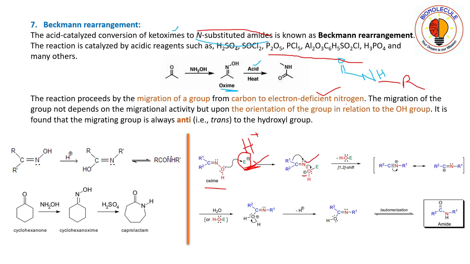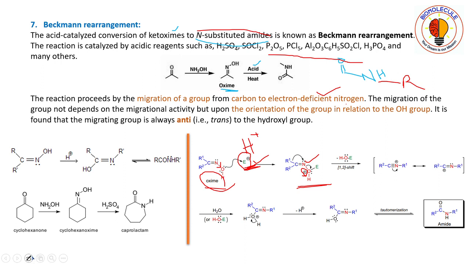That is, now it will withdraw electrons between that nitrogen and oxygen bond in much more amount as compared to the oxime part. Okay, in oxime oxygen was neutral, but in this one oxygen develops a positive charge, so it will withdraw electrons from the nitrogen oxygen bond in more quantity.